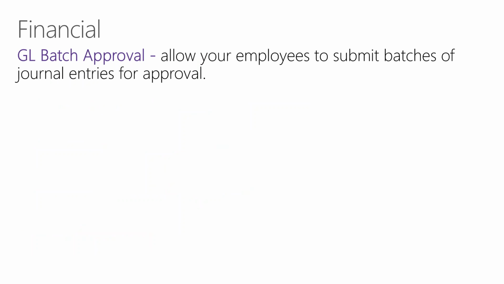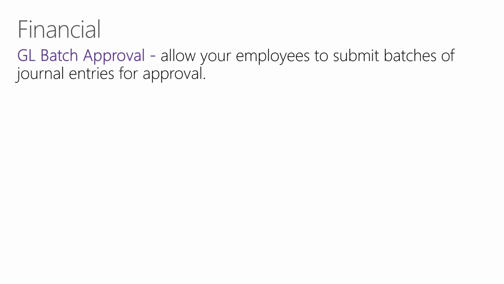In the financial series, we have a GL batch approval. So if you would choose to have your general ledger transactions, general journal transactions saved into a batch, those again can be routed to someone to be able to approve that batch before they get posted. And I'm going to show you one of the new features that's available to you to be able to have those be in a Word template for the batch transaction list.